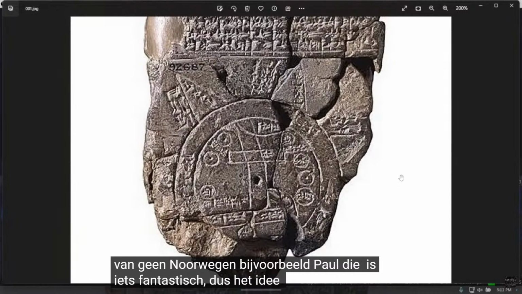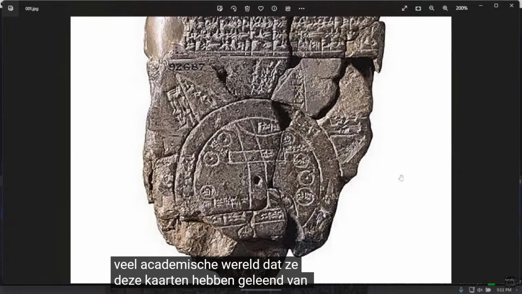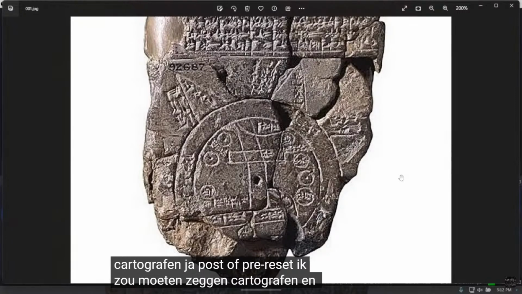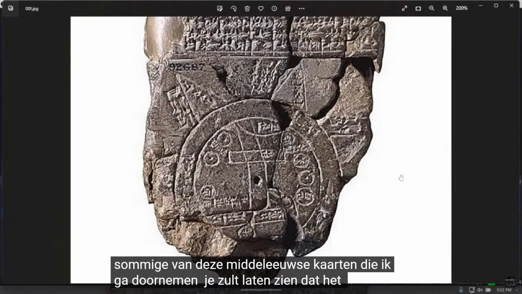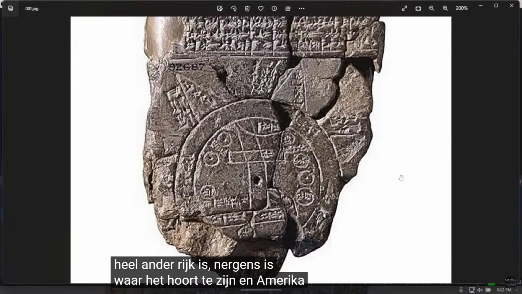So the idea, in a lot of academia, is that these maps have been borrowed from earlier cartographers, post or pre-reset, I should say, cartographers. And some of these Middle Ages maps that I'm going to go through will show a completely different realm. Nowhere is where it's supposed to be, and America and other places look completely different.